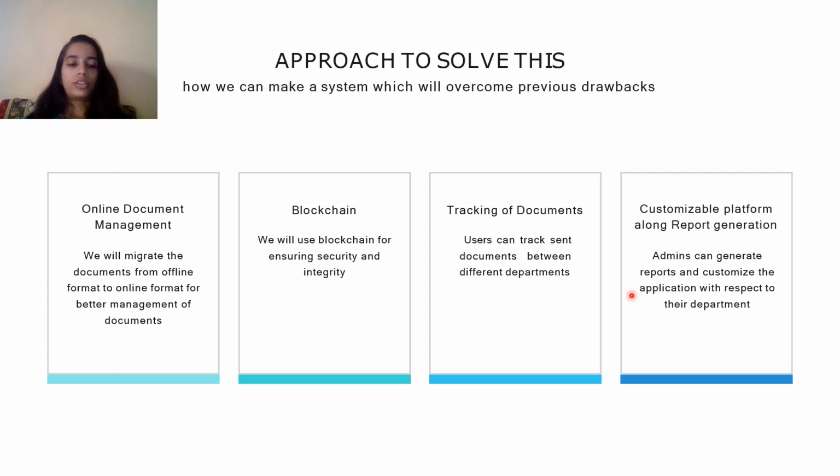The highest authority of the department can set the structure of the department hierarchy levels, manage the application types, user rights, and all such things, so the platform will be customizable. The authority can also generate reports based on the overall document flow in the department. So this is our approach to solve this problem.